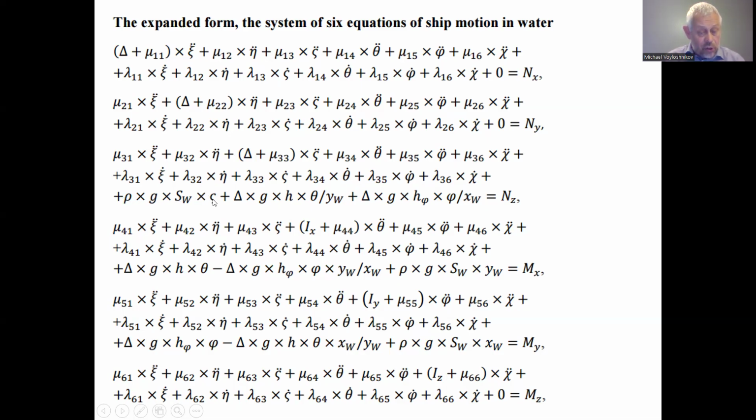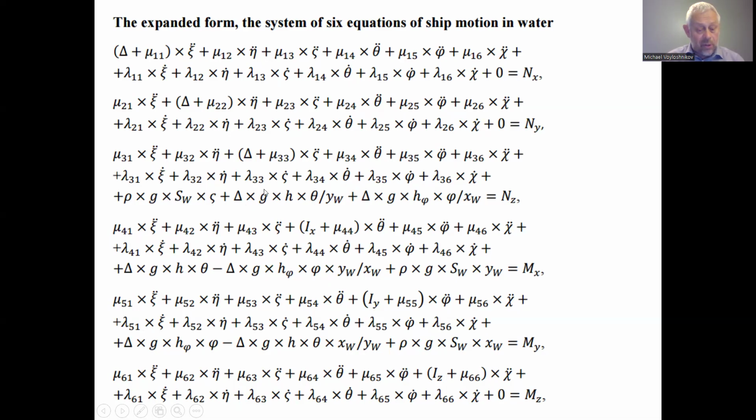This is the extra force which varies in dependence on the ship displacement when it moves vertically along the applicate axis. The second is the same, but this is the product of the ship displacement by the gravity acceleration, by the metacentric height, and by the angle of the ship heeling.